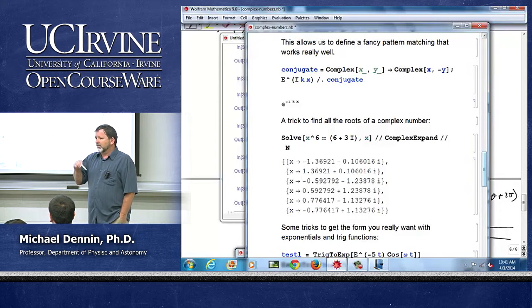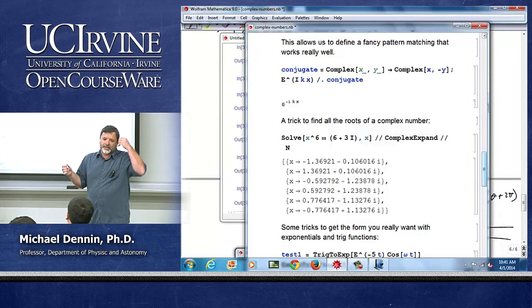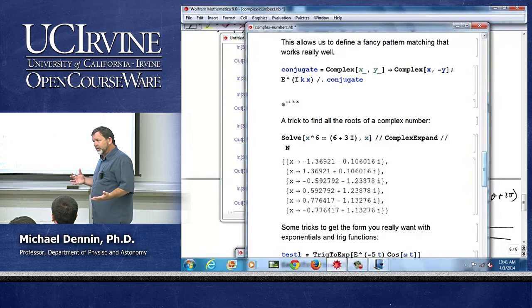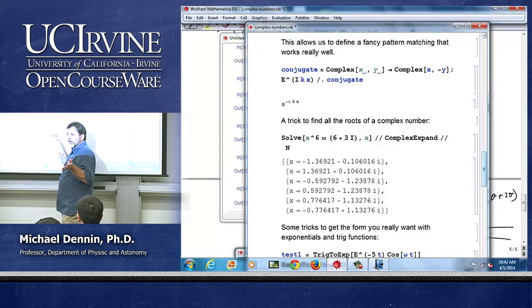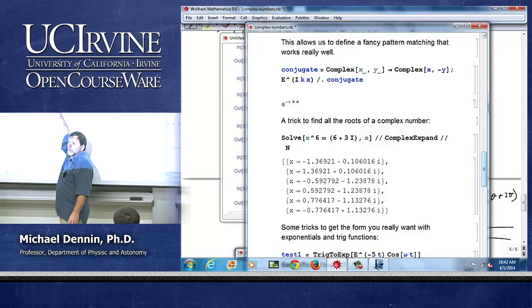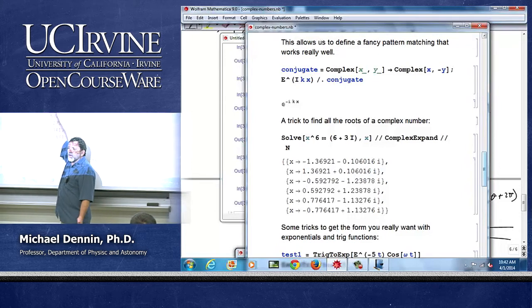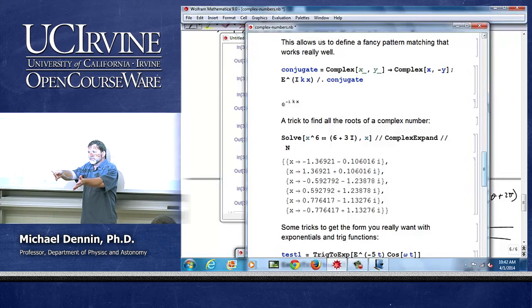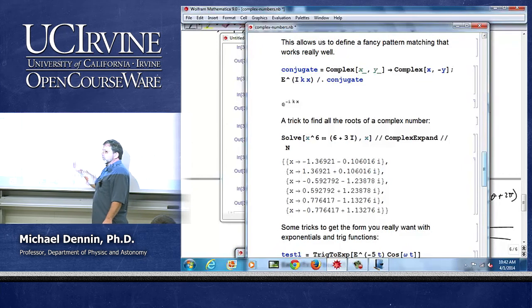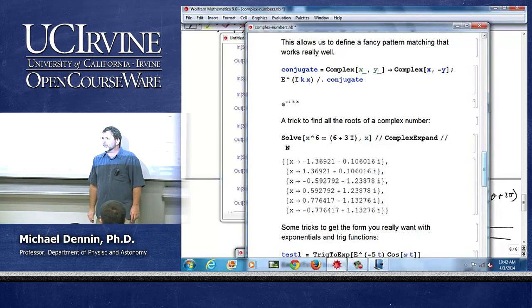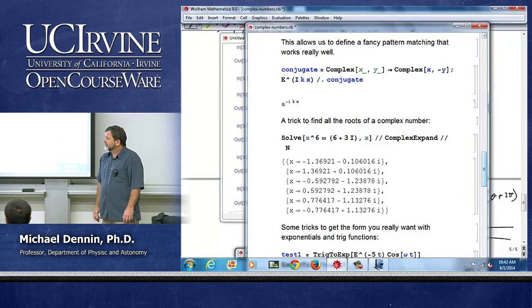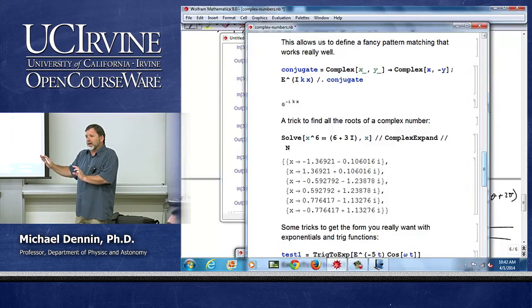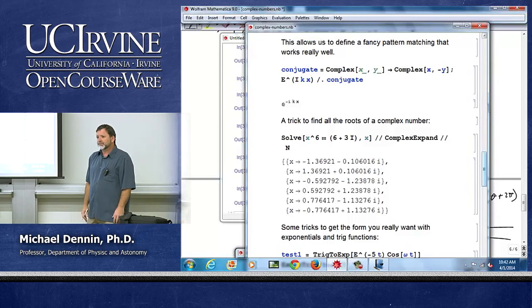If you want it not numerically, but as a symbolic representation, that's what you have to do. But if all you're interested in is the numeric roots, which is almost always all you're interested in, this gives you a quick way to do it. You would never be able to solve this equation yourself, but Mathematica gives you this cool, quick way to get all n roots. So that's a place where Mathematica really speeds up the process.